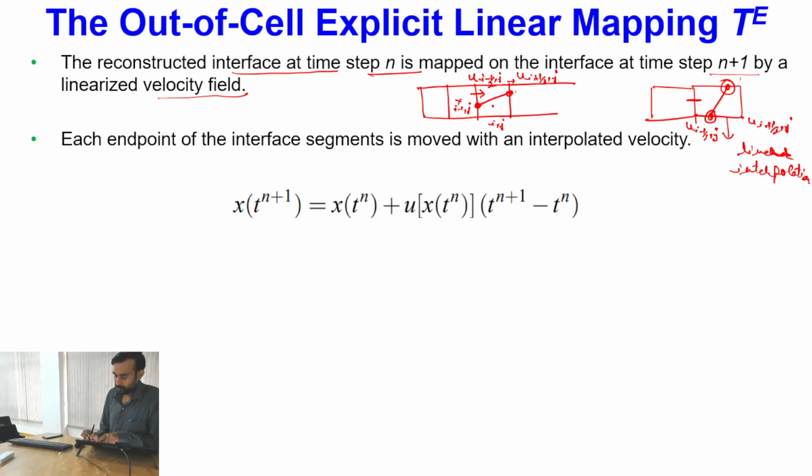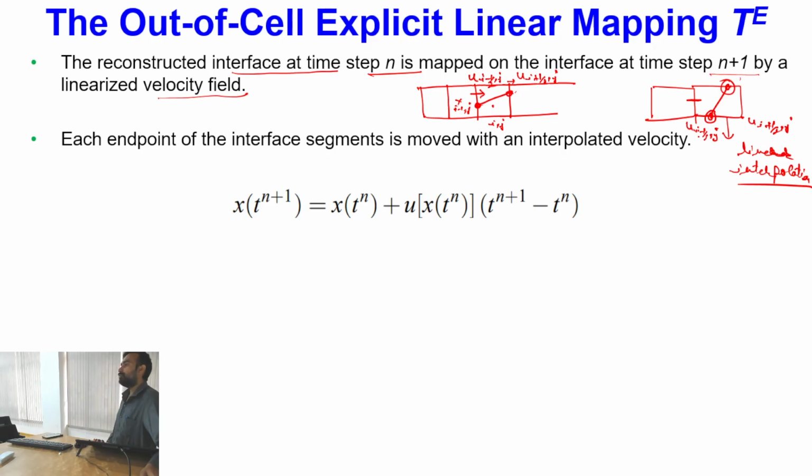So using the process of linear interpolation, first I will calculate the velocities at the corner points of the line segments representing the interface. Once we know these velocities, we apply an approach identical to the Lagrangian approach we use for particle transport.